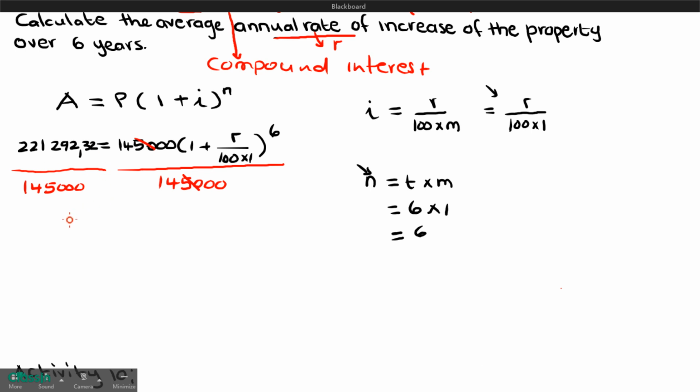Once we have that, it means that we can simply say that 22,1292,32 divide by 145,123 zeros.